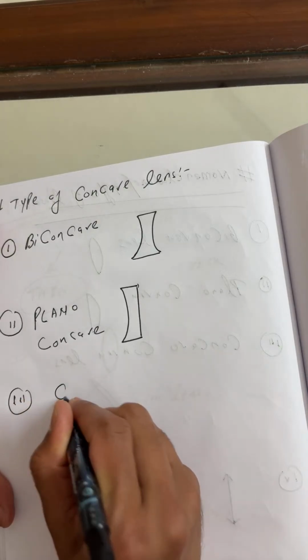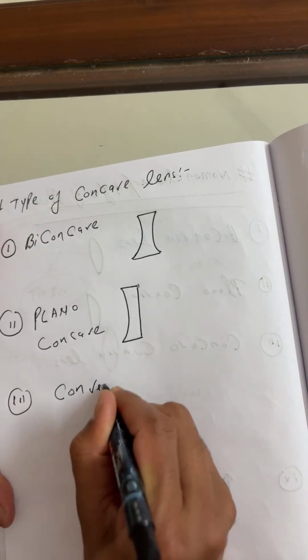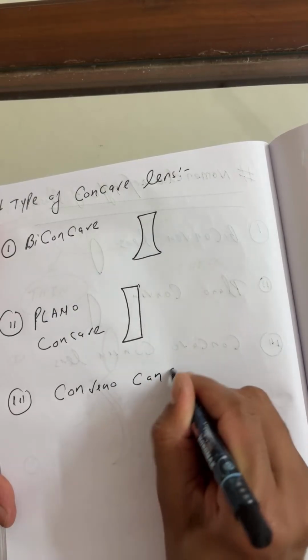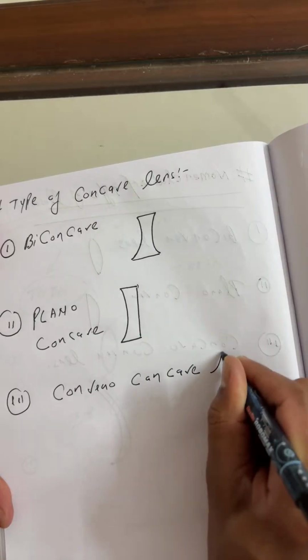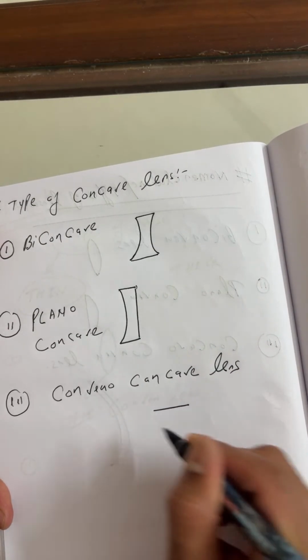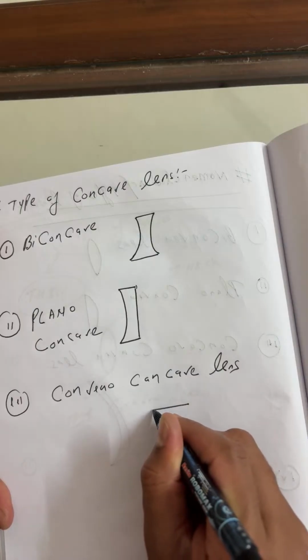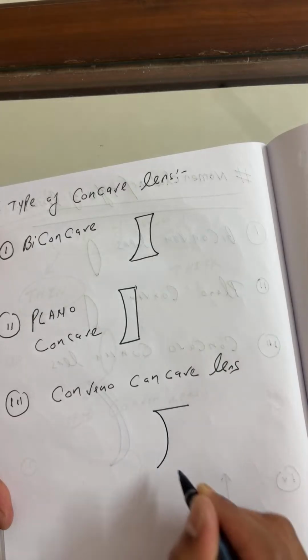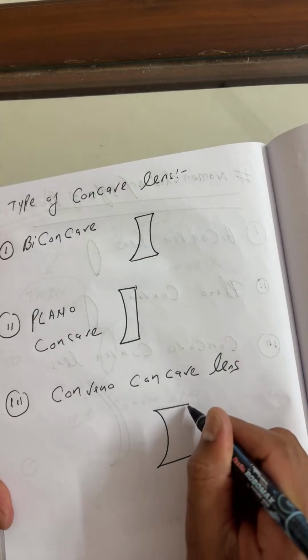You can say convexo-concave lens, right? So this is the way which you can remember.